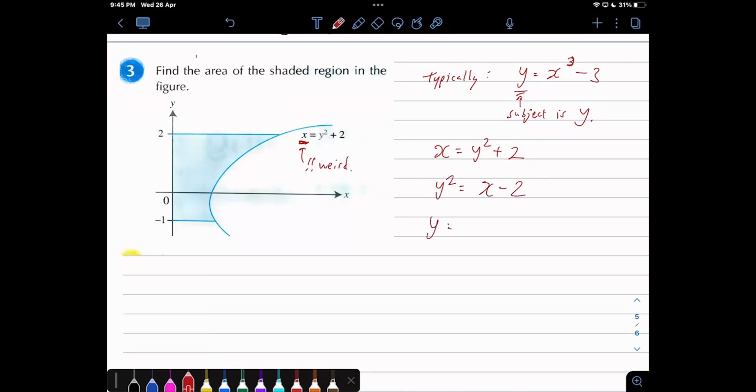Then from there, plus minus square root x minus 2. So what is plus minus square root x minus 2? It's referring to the top half here. Sorry, I want to use a highlighter. The top half here and the bottom half over there.